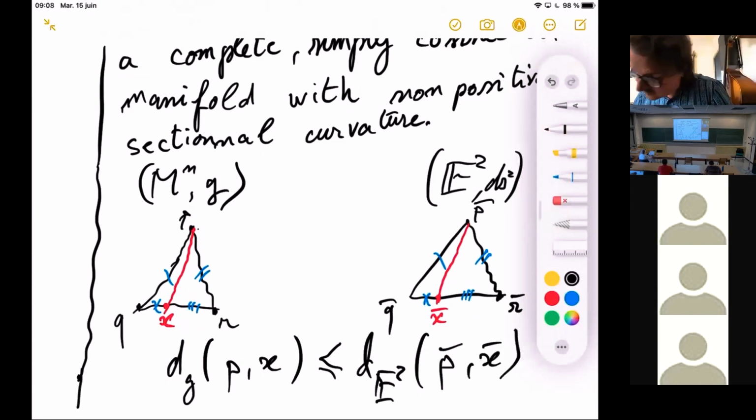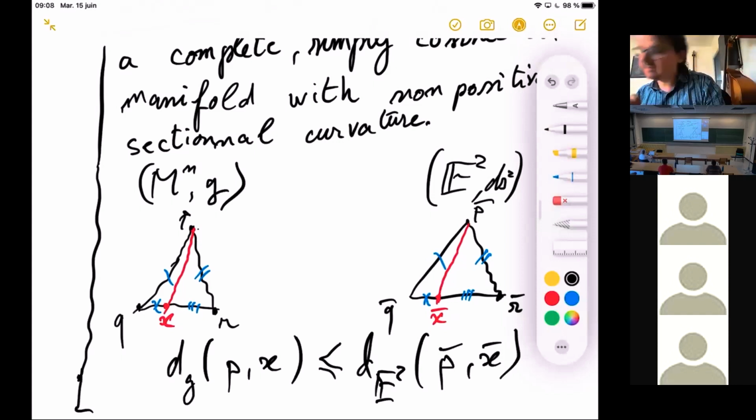And so we will see that triangles in spaces with non-positive curvature tend to be thinner than Euclidean triangles, and this can be pushed to a very strong degree with the notion of delta hyperbolicity, at least at big scale.